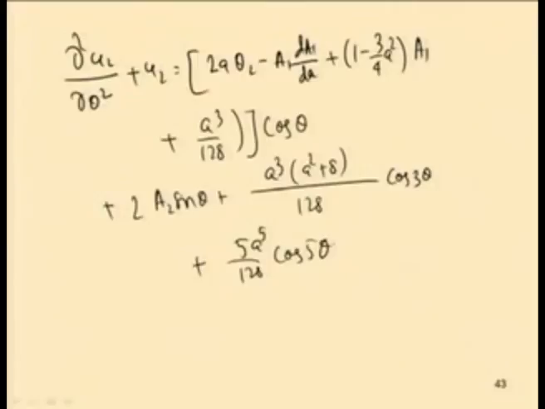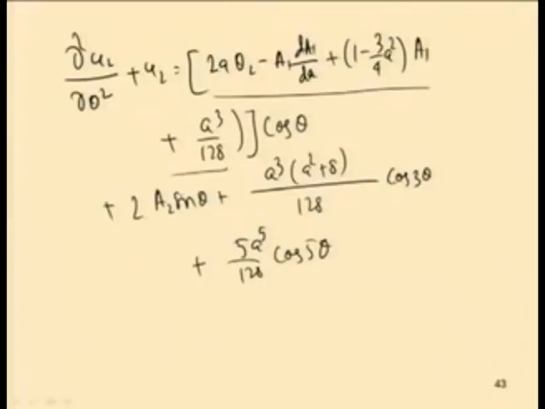Following the previous method, here also we can eliminate the secular term. The secular term can be eliminated by eliminating the coefficient of cos theta and sin theta. Here the coefficient of sin theta is 2 a 2, so we have to eliminate this term by putting a 2 equal to 0. Similarly, we have to eliminate the coefficient of cos theta.